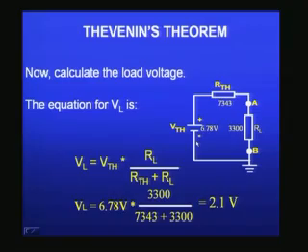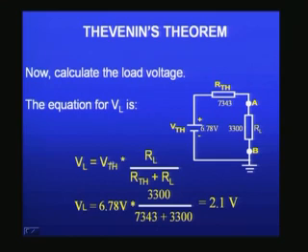You have to just look at the voltage across the RL. VL therefore is V Thevenin multiplied by the potential divider arrangement, RL divided by R Thevenin plus RL.